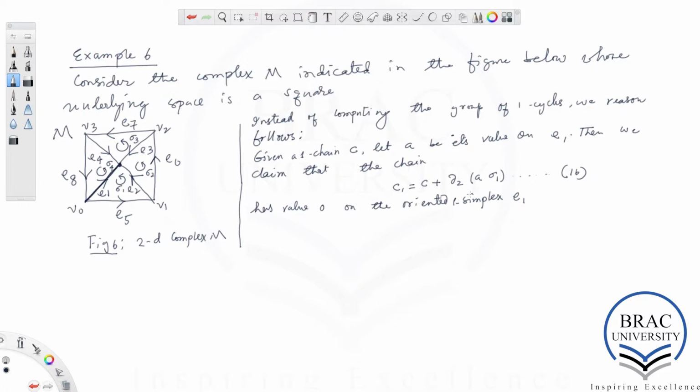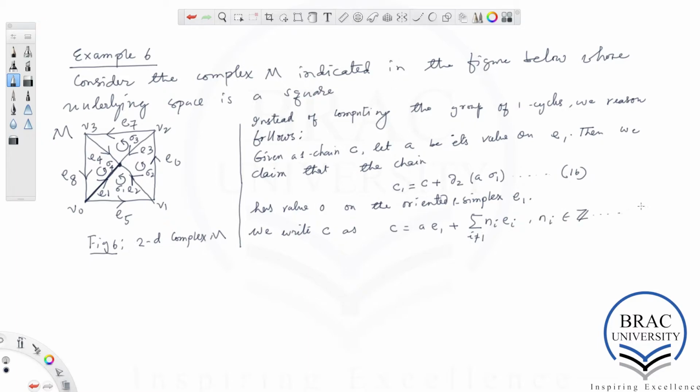So let's check by direct computation that this is indeed true. Let us write this generic one chain C as C equal to A times E1 plus the sum of all these expressions Ni Ei, where i is not equal to 1 and Ni are integers.